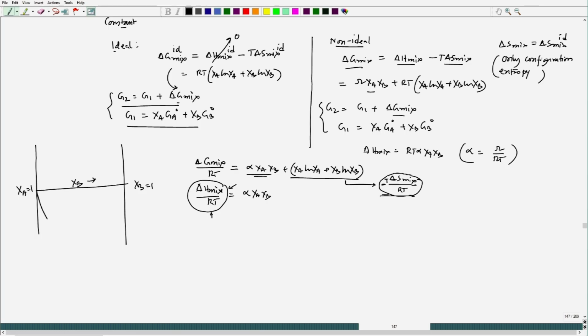We see that initially the curve, this is delta G mix by RT at a lower value of alpha, and as we increase the alpha, this line starts moving upward, but still it is convex downward.